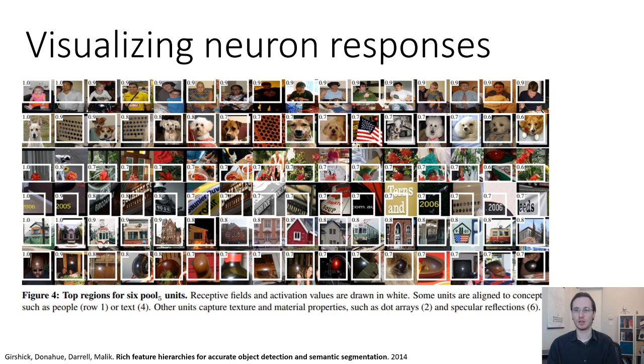The third row seems to pick up on roses and arrangements of blobby red things, which appears to mostly capture roses and noodles. The fourth row appears to pick up on little bits of text, oftentimes the text 2006 for some reason.